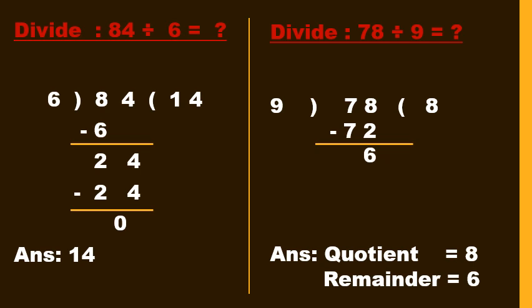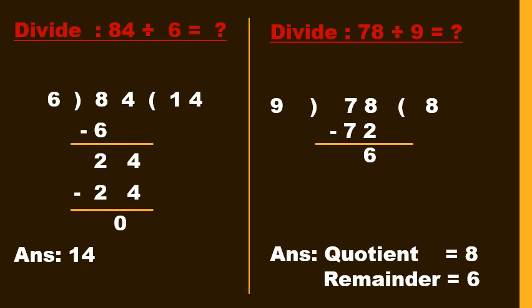Now we know 8 minus 6 gives us 2. So we have 2 here. Now we need to start the calculation of ones place. So let's start step number 3.